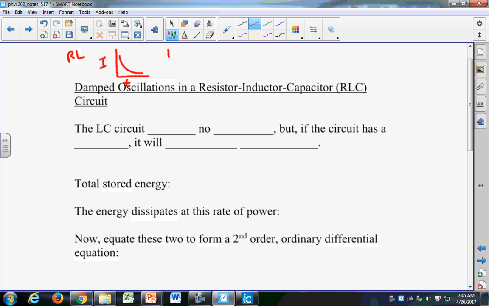And then we saw with the LC circuit that the current with respect to time looked like this. And now we'll see that with an RLC circuit, we have this resistive element so that our energy is actually going to decay over time. What we're going to see is that our function will look like this.